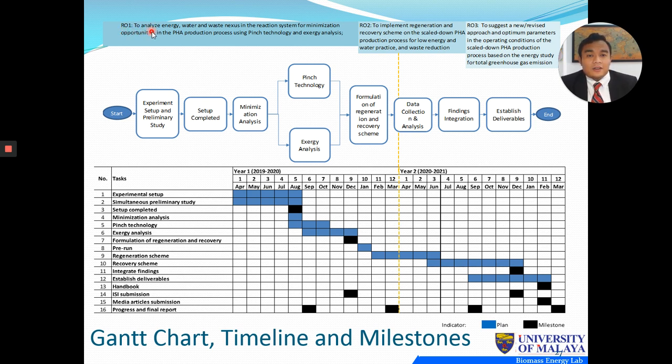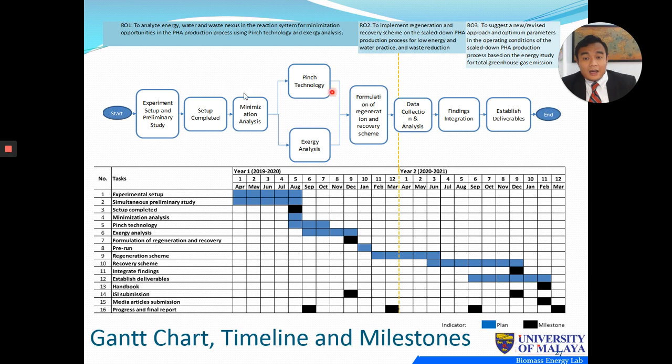This is the action verb taken from Bloom taxonomy, followed by research objective 2, to implement, and research objective 3, to suggest. So it evolves. First you analyze, then you implement, and then you suggest a new revised approach. I also put in the flowchart of research activity: the start, experiment setup, what kind of methods I will use, and when I will do the analysis, integration, and the end.